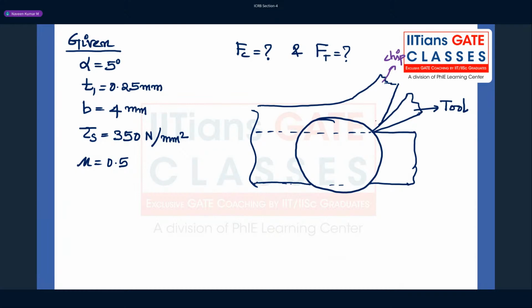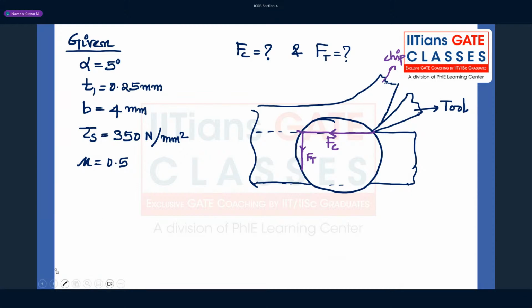The tool will be moving in the left-hand direction, so the cutting force will be towards this direction. This is Fc. Perpendicular to the cutting force is the thrust force, that is Ft. And the resultant, we'll draw in a different color.